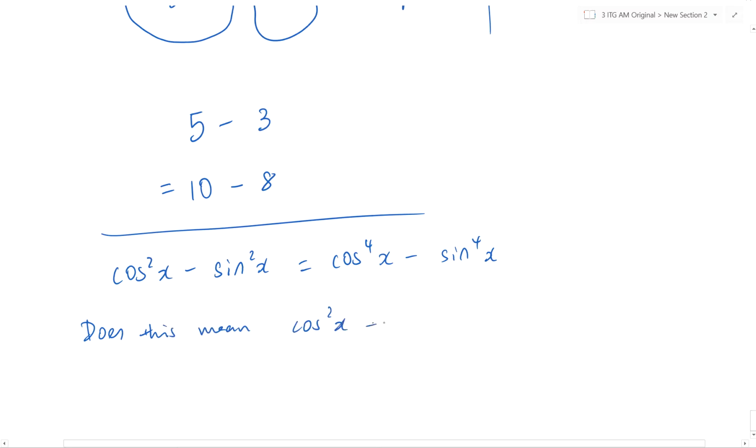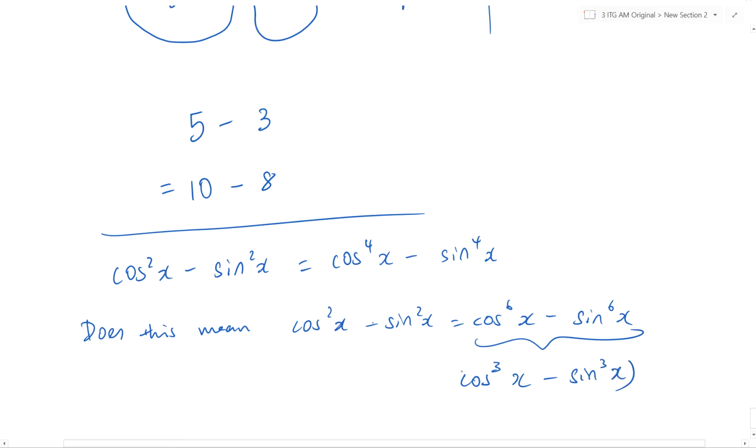Cosine square x minus sine square x equals cosine power 6x minus sine power 6x. You need to prove it. It doesn't imply, but you need to try. So you start from here, then you will get cosine power 3x minus sine power 3x. Sorry, this one's square, and over here square. Does this tell you whether it's the same or different already?